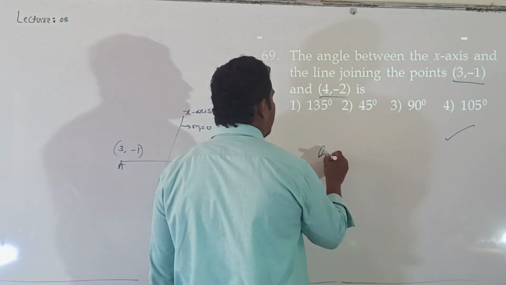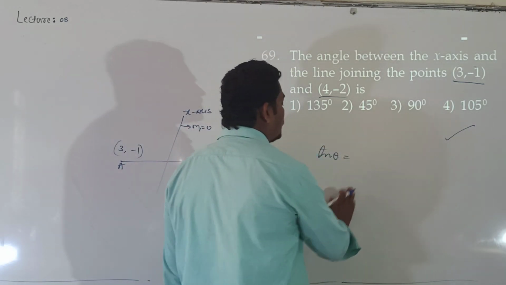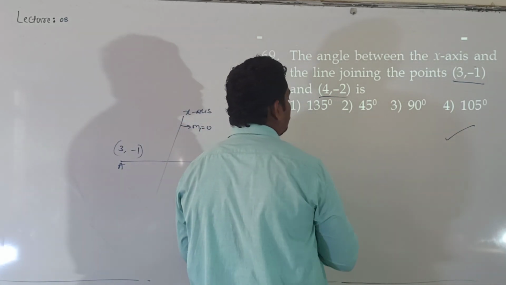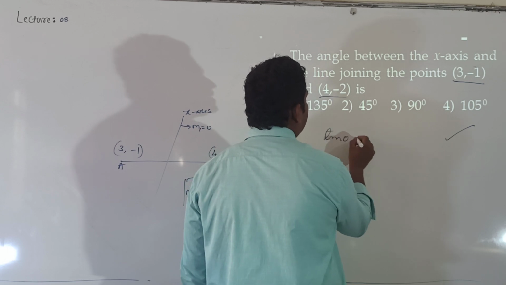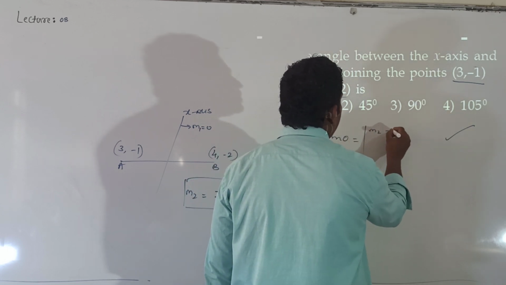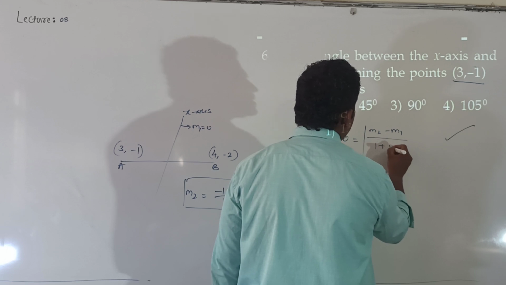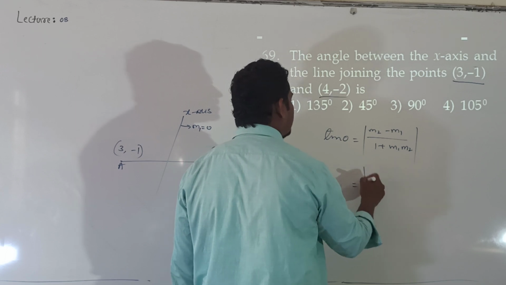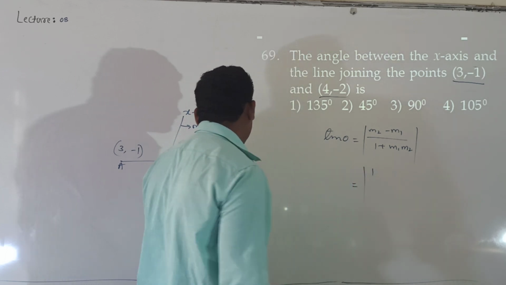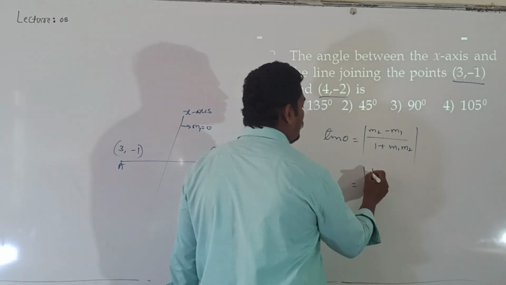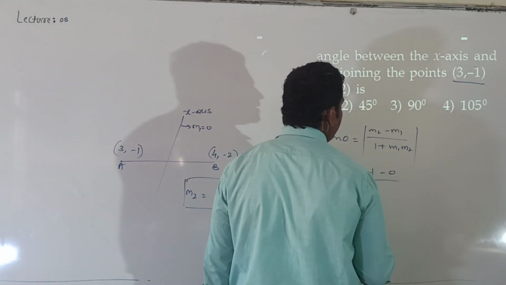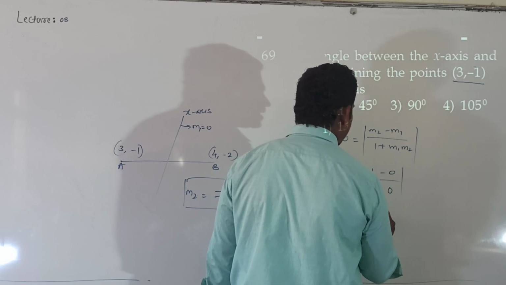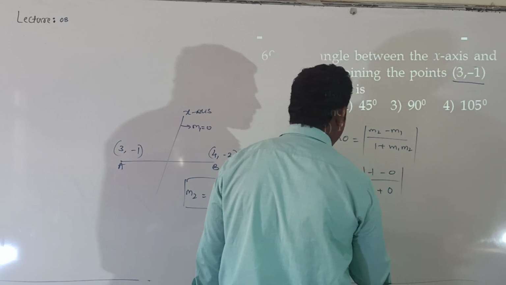Then the angle between two lines formula, angle between x-axis and line joining given 2 points: tan theta is equal to modulus of m2 minus m1 divided by 1 plus m1 into m2, right? Now just simplification, m2 value minus 1, minus 1 minus 0 divided by 1 plus 0, that's equal to modulus of minus 1, which is plus 1 only.